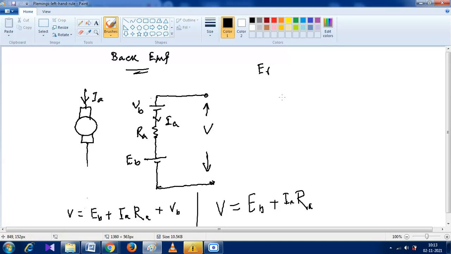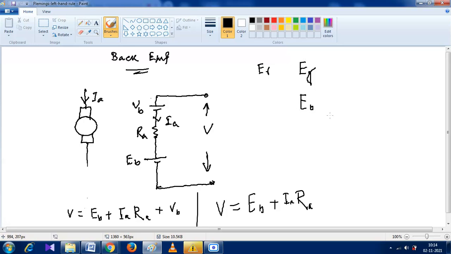In case of a DC generator, that rotational EMF is called generated EMF, denoted by EG. And in case of a motor, that induced EMF is called back EMF.